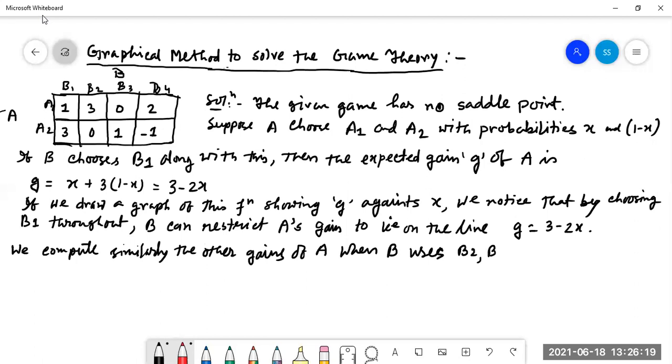We got G equal to 3 minus 2x when B plays B1.